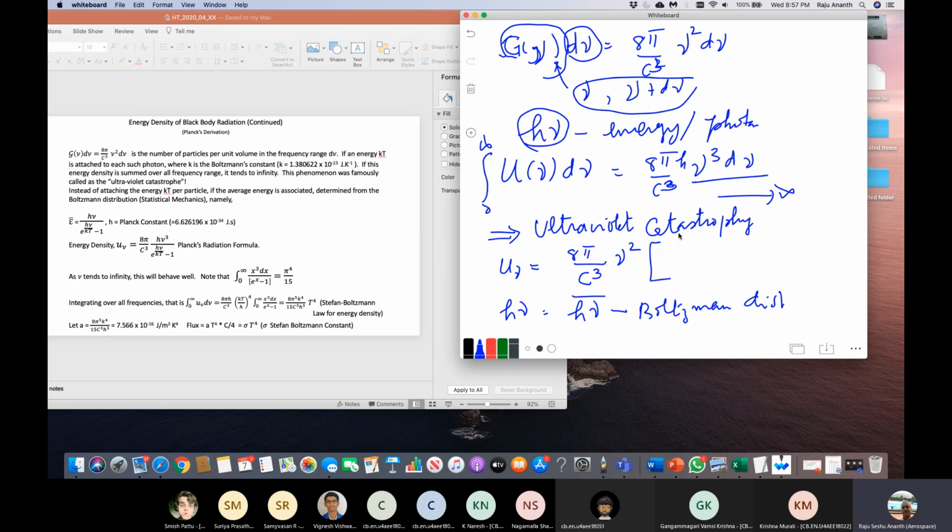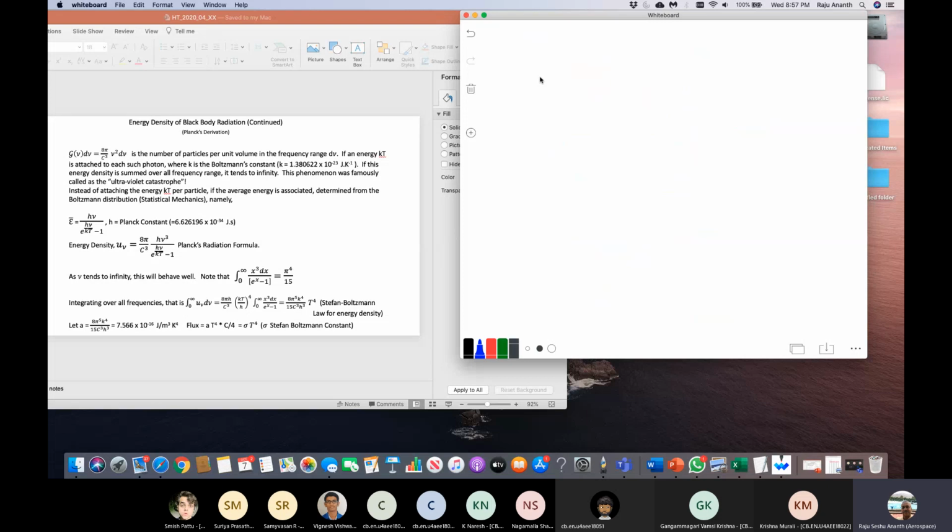Basically, suppose I define a probability of n particles in an energy spectrum as an exponential of minus n h nu divided by kT, over the whole sum of n from 0 or 1 to infinity of the exponential.